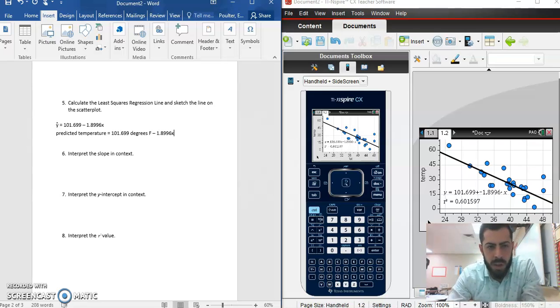And we'll get back to what those mean, because the next question is interpret the slope in context.